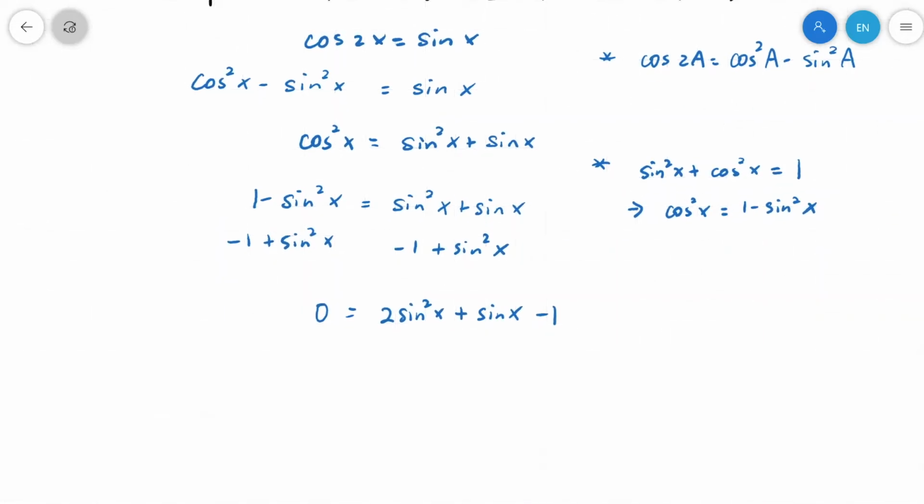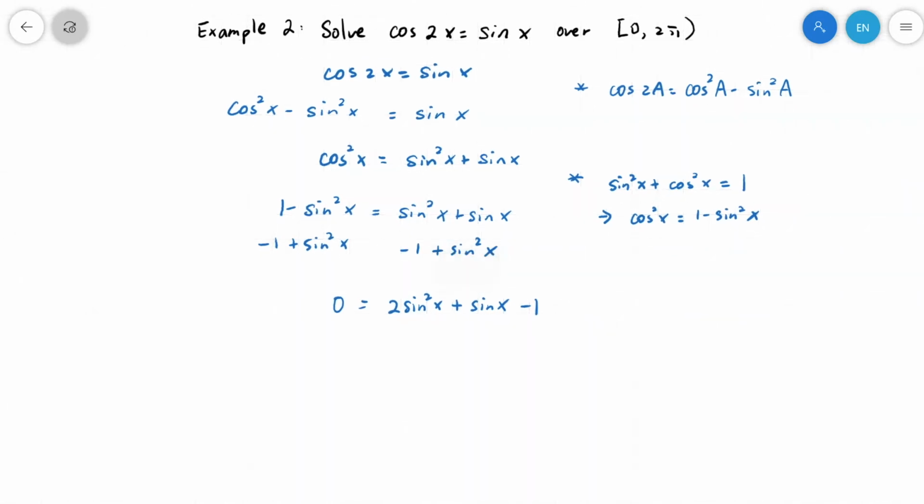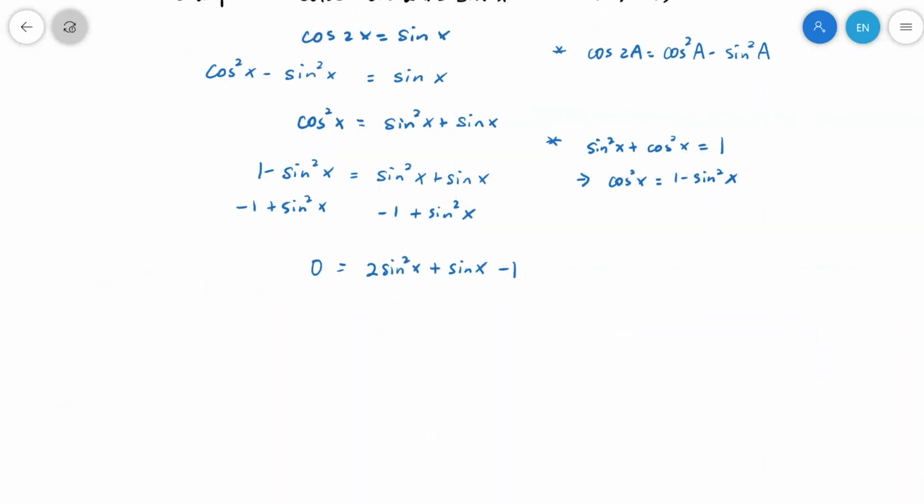Here you can choose to use the quadratic formula or you can choose to factor it. I'm going to factor it because this is a really nice quadratic equation. So I can factor it into sine of x plus 1 times 2 times sine of x minus 1.